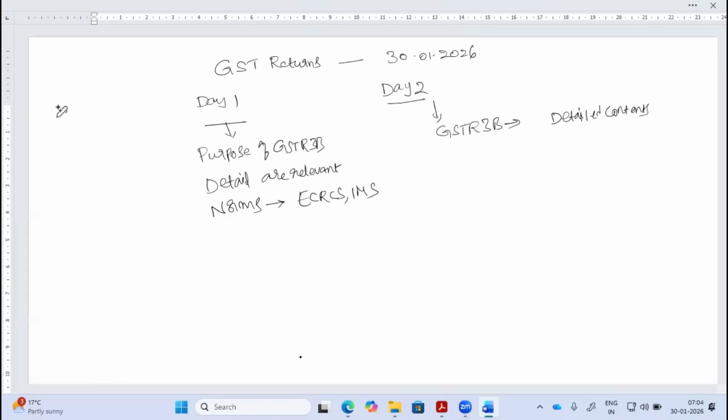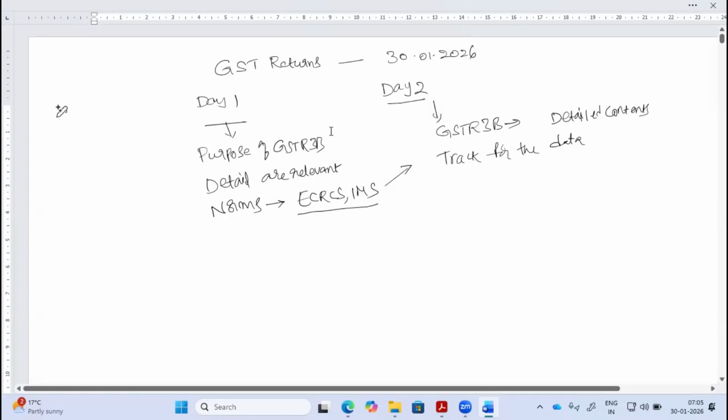On the basis of the learning which we have from day 1, we will try to understand how we keep track of the data with respect to filing of Form GSTR3B. Based on the initial learning from day 1, we will have better clarity on how to fill our Form GSTR3B. This is the overview of how we are going to have this day 1, day 2 session.